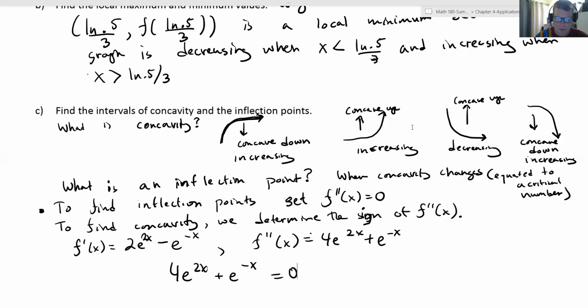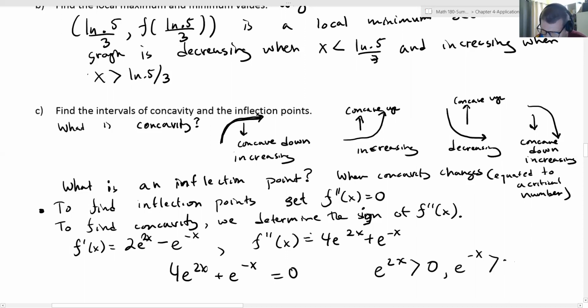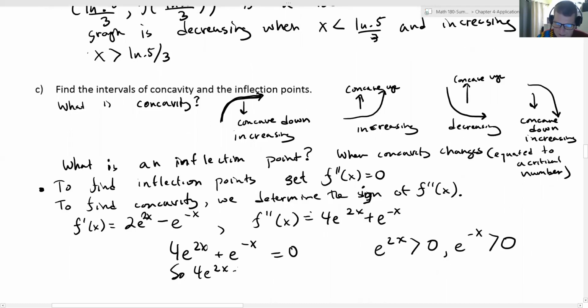So look at this. We have e to the 2x, which is greater than 0, and e to the negative x is also greater than 0. So 4e to the 2x plus e to the negative x is greater than 0. So it never equals 0.